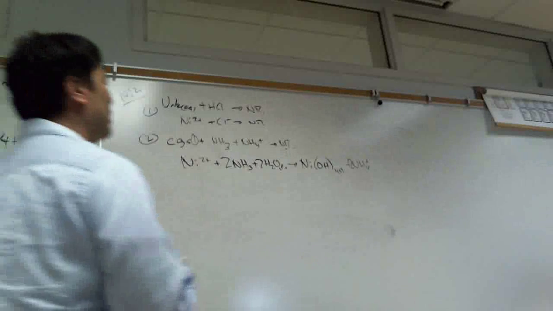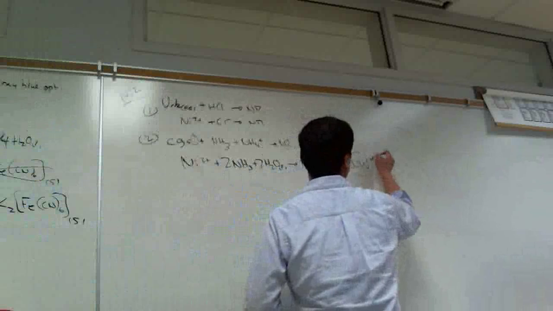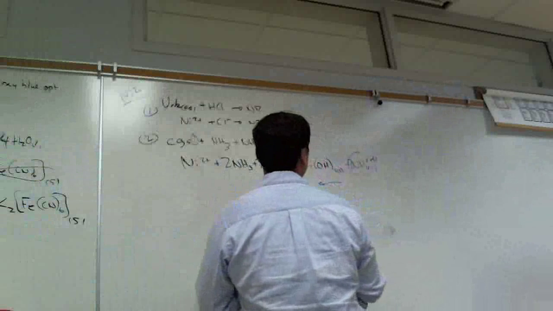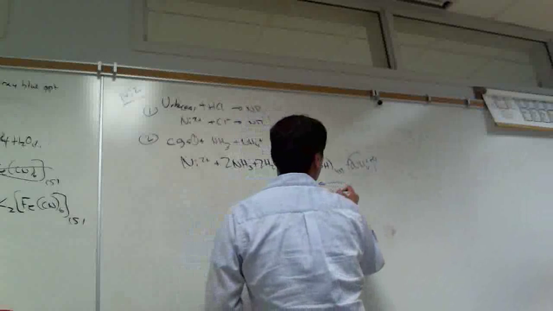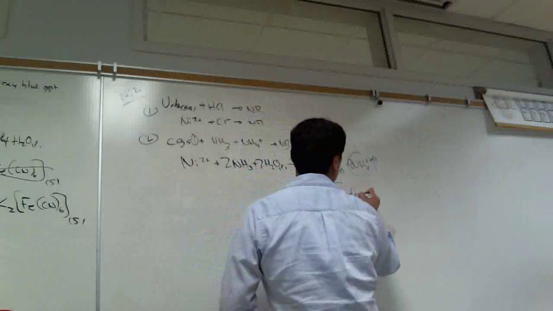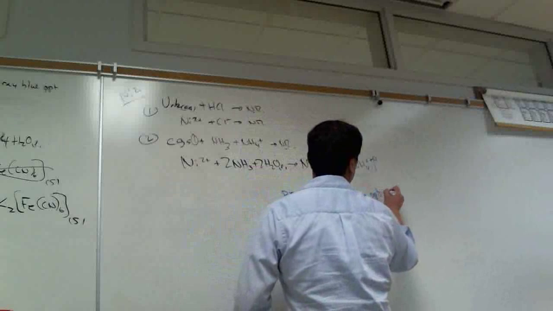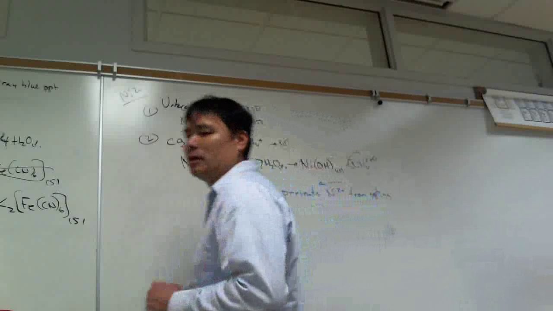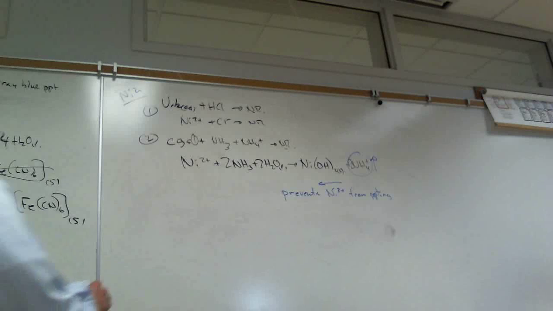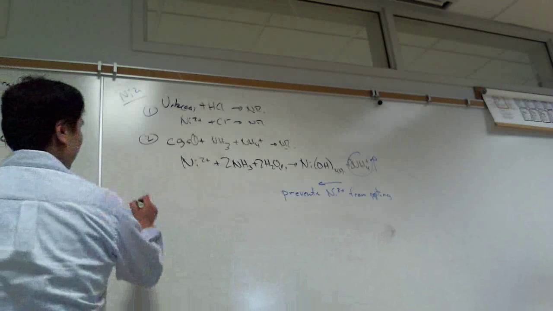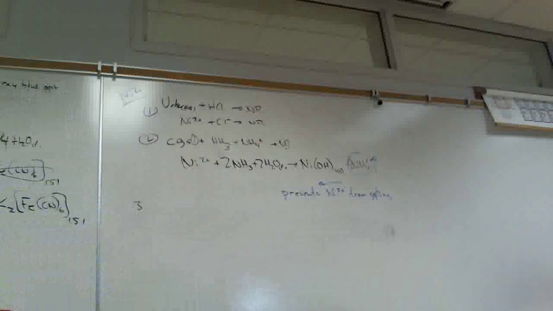The high concentration of ammonium, or relatively high. You don't have to have a super high concentration. But we just bump up this concentration, shift this way, and this prevents nickel from precipitating, as long as we have enough ammonium in there to prevent it. All right, then from that we go to oxalate. And so 3, let's write it up here.